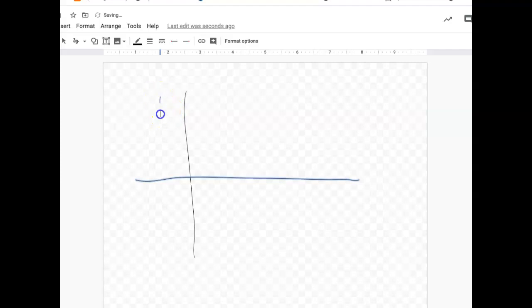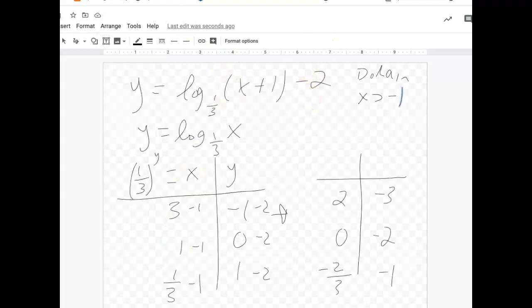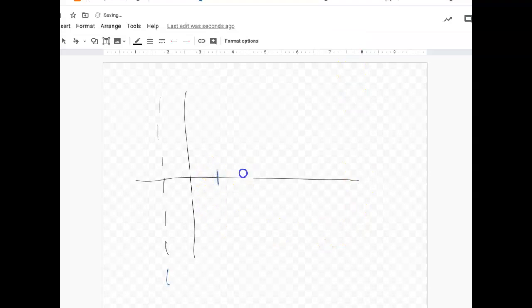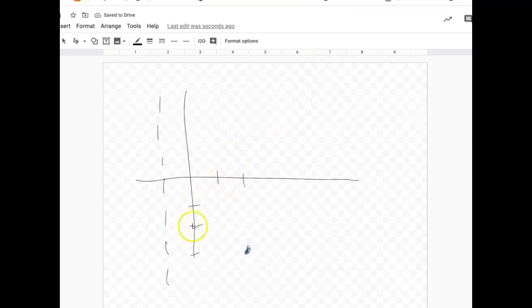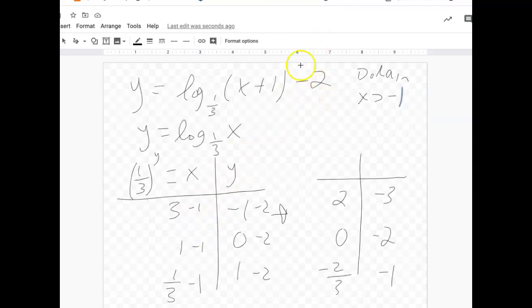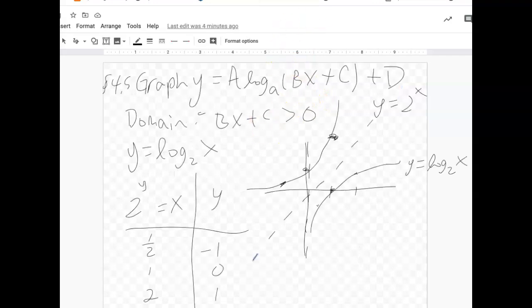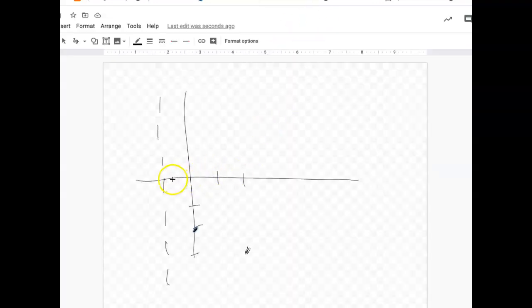You have your vertical asymptote, and we have 2, -3, and the other one was 0, -2, and the last one is -2/3, -1.